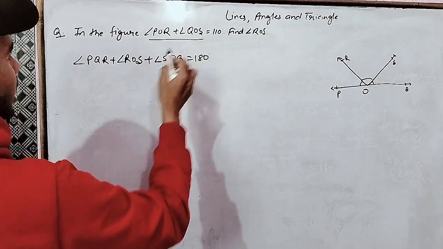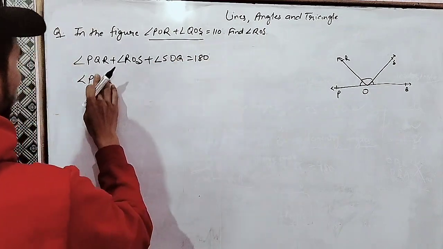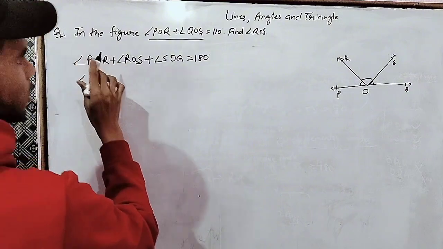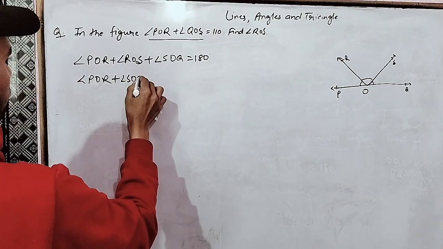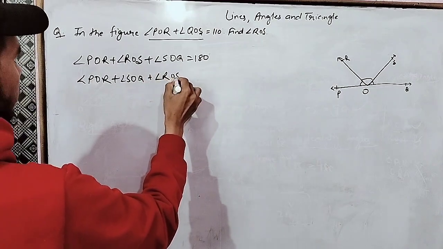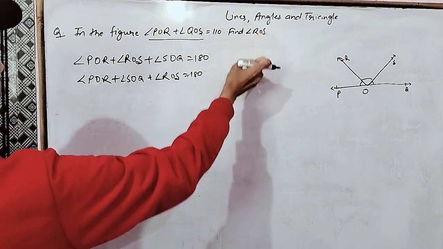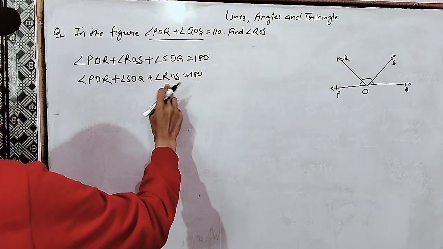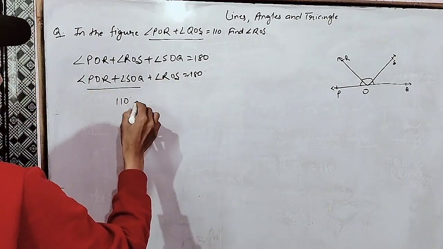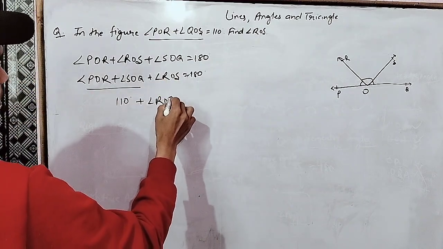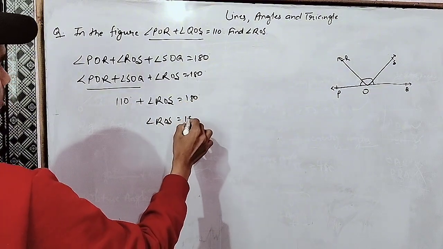Now we have the value of this. So can we write POR plus SOQ plus ROS equals 180 degree. Here we need to find out the value of ROS. We have the value of POR plus SOQ, which is 110. Now we have an equation.